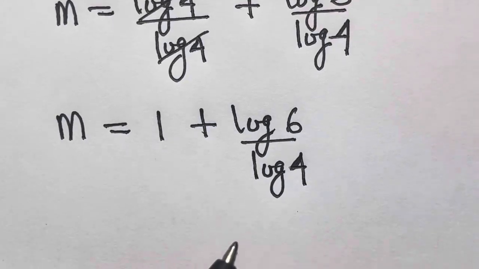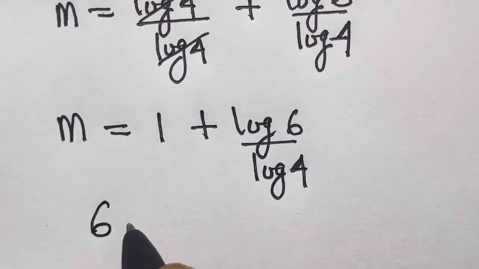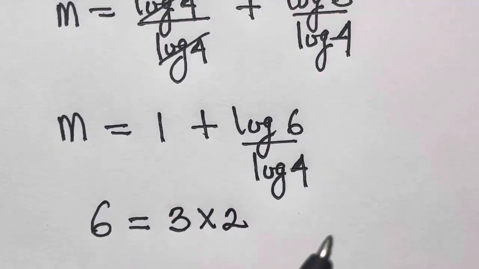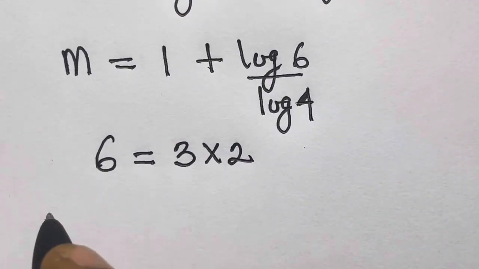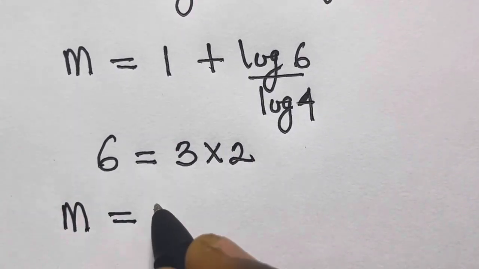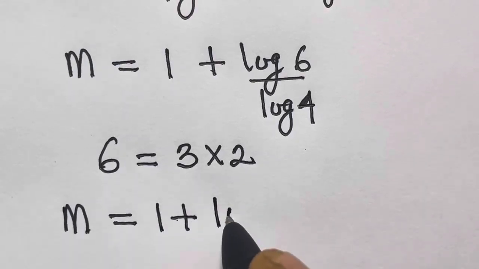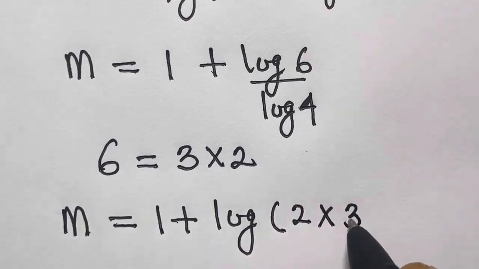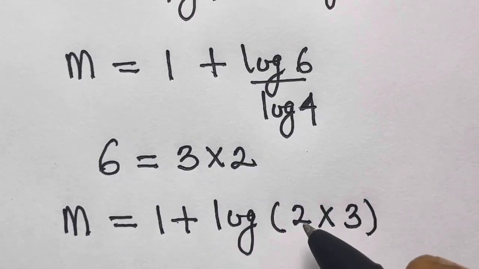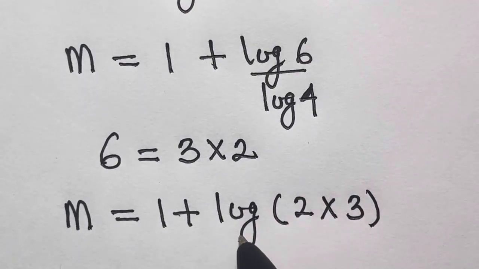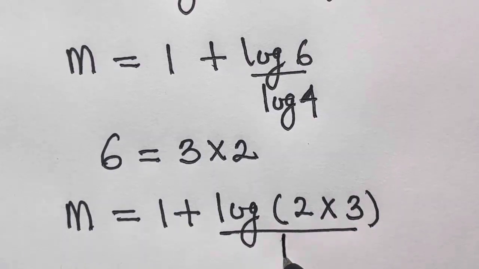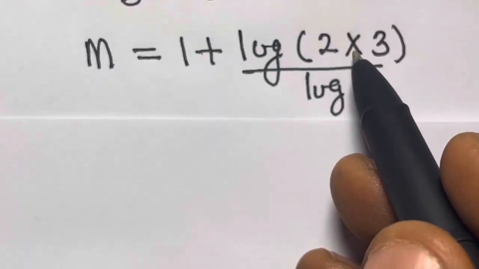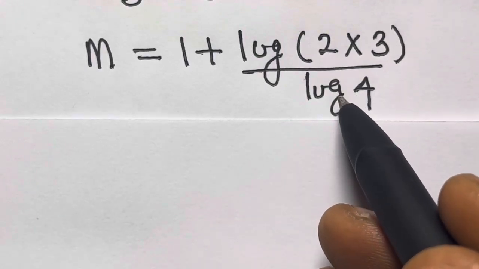So here again, we can express 6 as the product of 3 and 2, right? And if we do, we are going to have m equals 1 plus log of 2 times 3. Either you use 3 times 2 or 2 times 3, you are going to get the same answer, divided by log 4. This multiplication will change to addition from the law of logarithm.